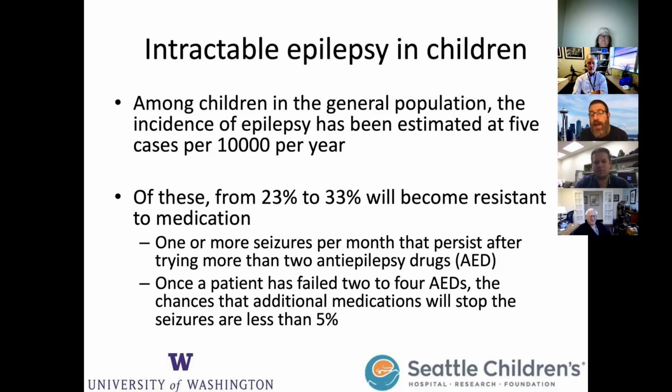And after a child has failed generally 2 AEDs, the chances of additional medications eradicating the epilepsy is less than 5%. And that's based on landmark studies that were done by Anne Berg now over 15 years ago. And it really lays the fundamental groundwork for pediatric epilepsy surgery, why we offer pediatric epilepsy surgery.